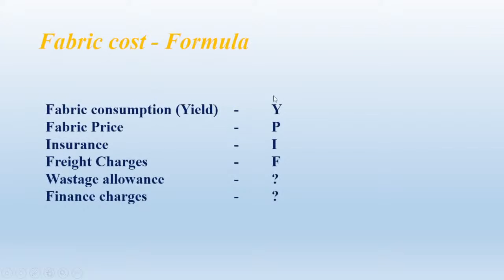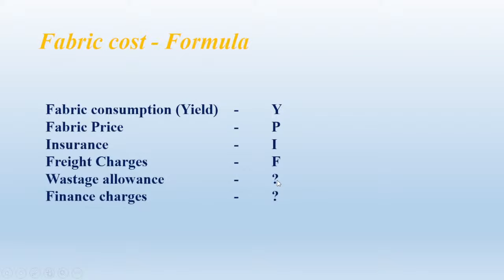I have designed a formula for easy calculation for you all. Here we assume the fabric consumption in yards as Y, fabric price as P, insurance as I, freight as F, wastage allowance, and finance charge, of course, decided by the bank.